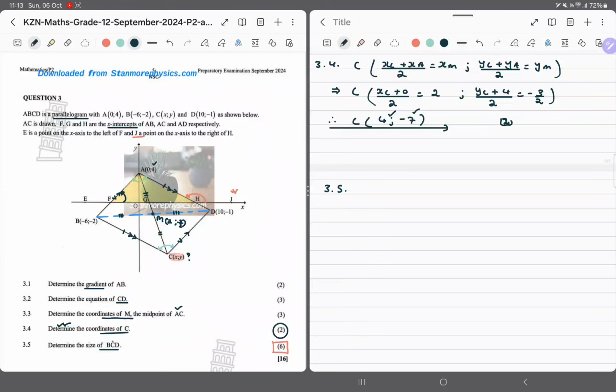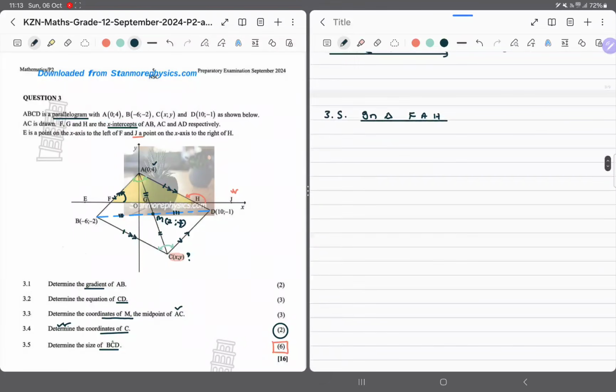Great. Now, let's have a look here. We can say in triangle, let's just call it FAH, what do we see there? We can work out this angle. We know that tan of angle AHJ is going to be equal to the gradient of AD, because it is its angle of inclination.